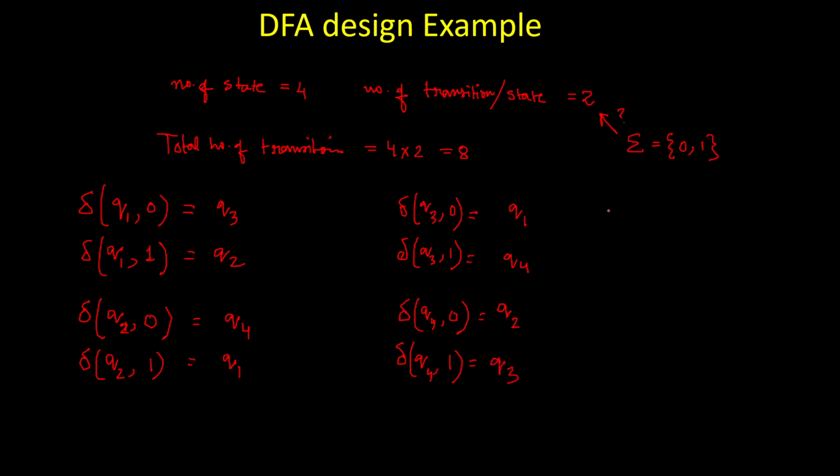So you can express it in this way. You can even express it by a table, with your present state, your symbol, and what will be your next state. You will obviously have 8 options.